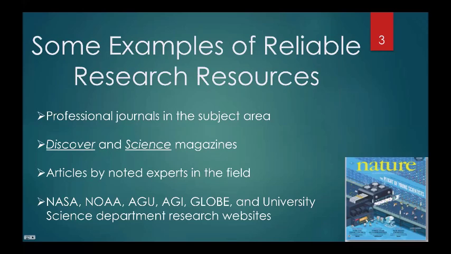Another one is AGU, which is the American Geophysical Union, or AGI, which is the American Geosciences Institute. One that is my favorite is GLOBE. GLOBE is an environmental group that joins scientists, teachers, and students to study the environment. And the University Science Department research websites. For instance, Dr. C or Dr. Czajkowski's actual website.